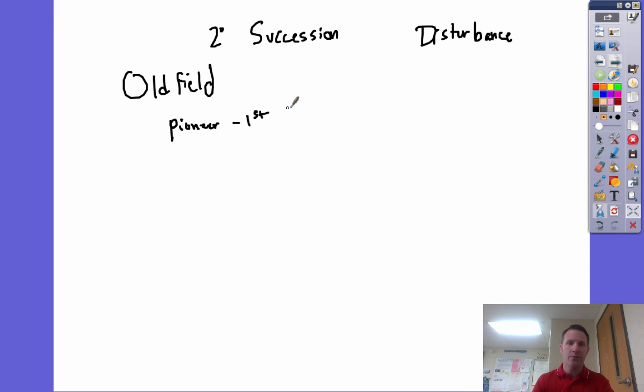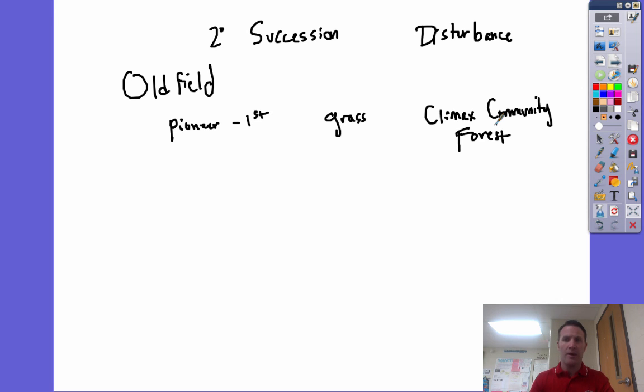So the pioneer species for an old field is going to be probably a grass, maybe a lichen even. It's going to end up forming a climax community. That climax community for an old field is going to be a forest, probably a deciduous forest, but it depends on what biome you're in. So you always start with a pioneer species, you end with a climax community.